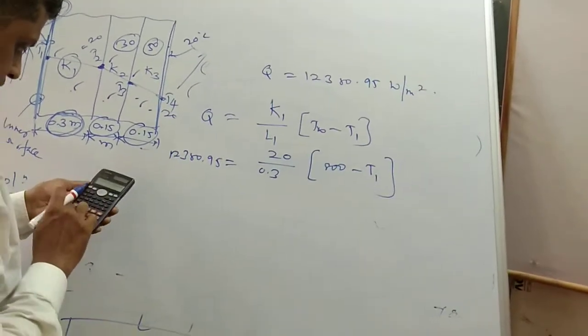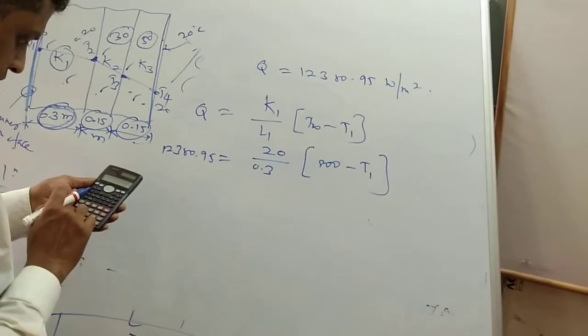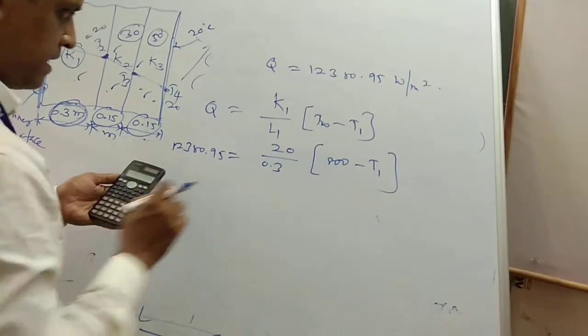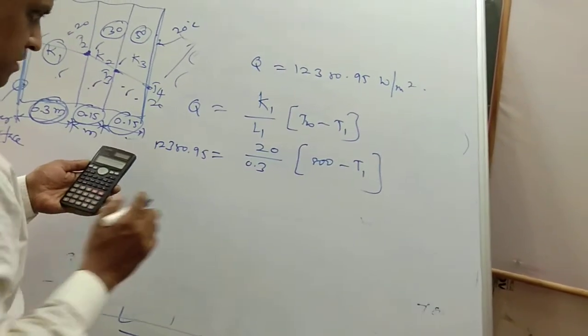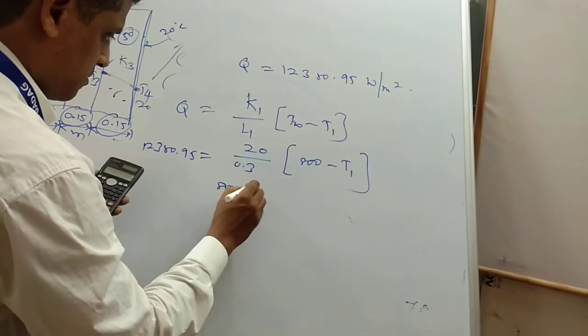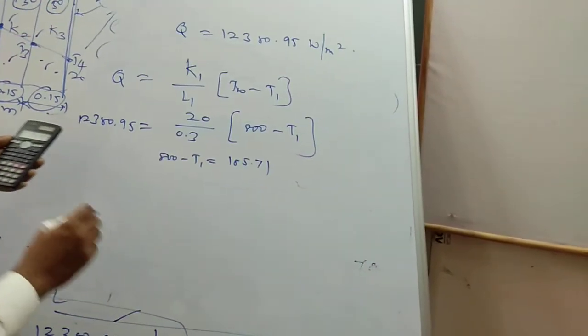Now we calculate 12,380.95 into 0.3, and divided by 20, we got 800 minus T1 is equal to 185.71.